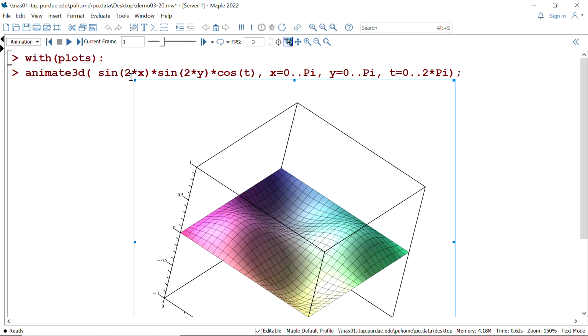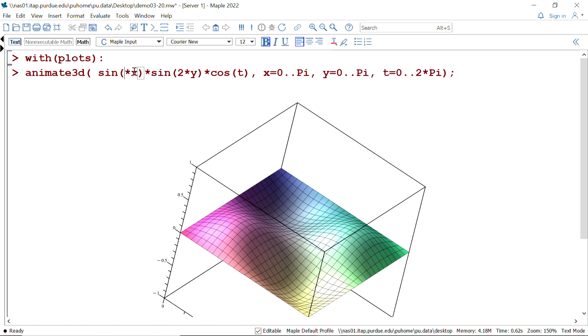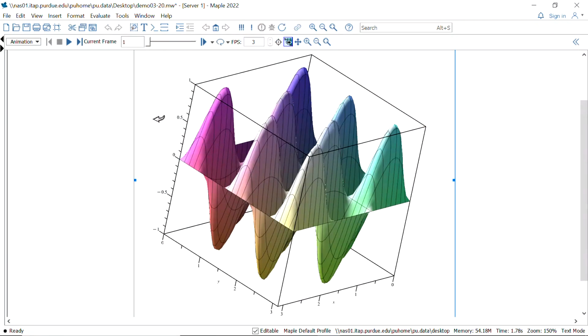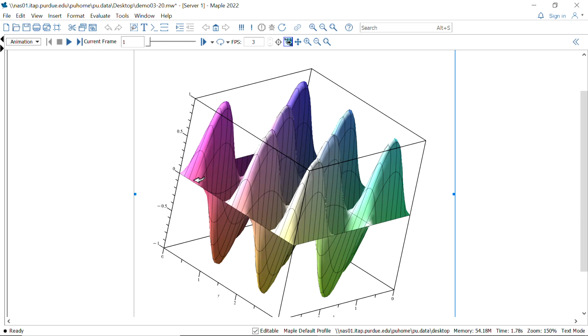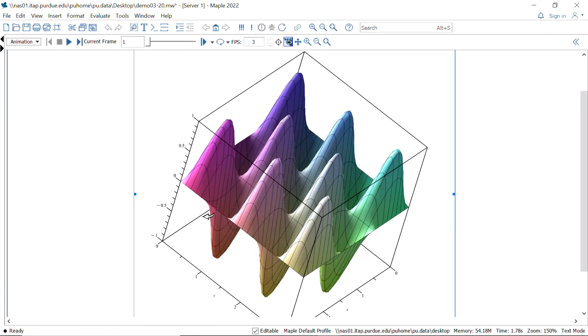Oh, how about sine 3x times sine 5y? That should be pretty wild. Push return. Kind of starting to look like an egg carton. And notice all those spots, now there's like a grid of places that don't move. Those are the nodes. And let's see, this would have 3 squared plus 5 squared.